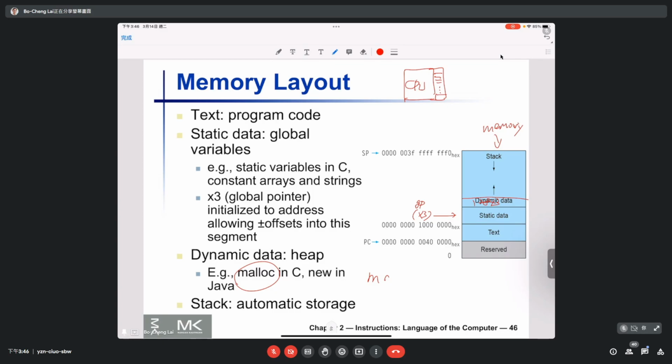It may seem strange that it uses subtraction, but it's because it starts from the largest address and grows down. So the stack pointer, for example, is here. If you need extra space, you have to go down to get more stack. That's how you operate it. Okay. Yeah, question.